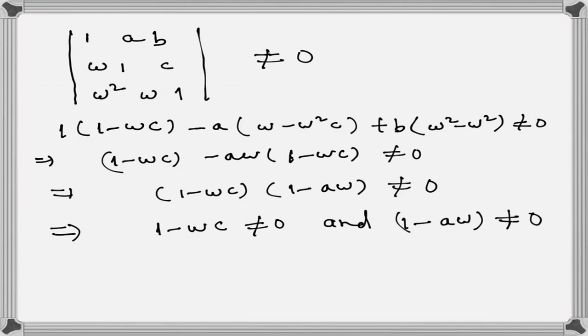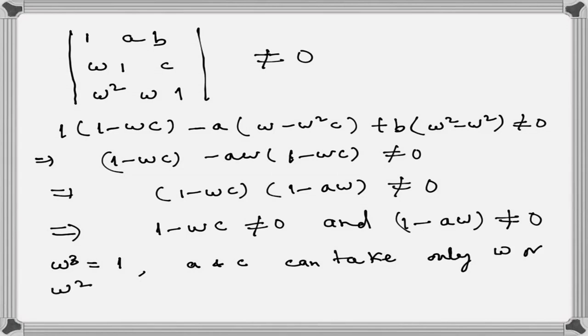Okay, so this is the condition we got. Now there is another condition, which is W cube is 1, and A and C can take only W or W square.